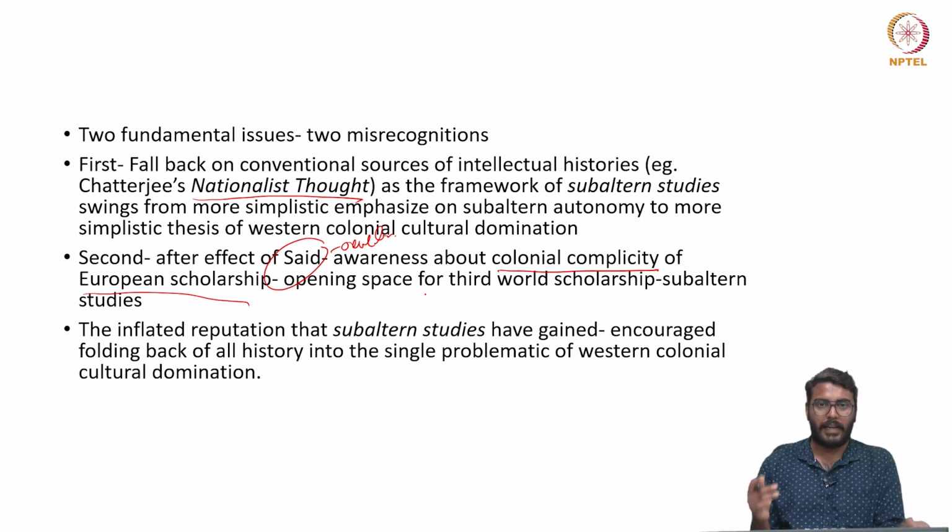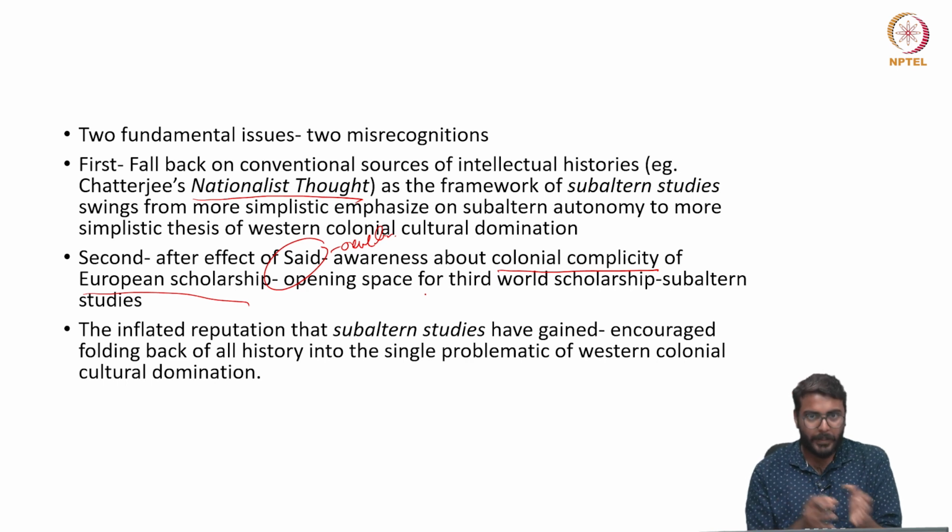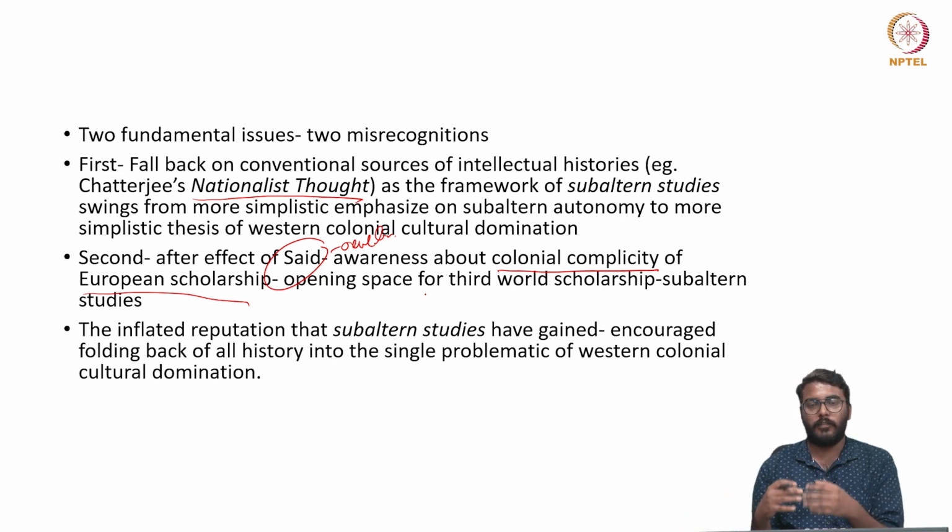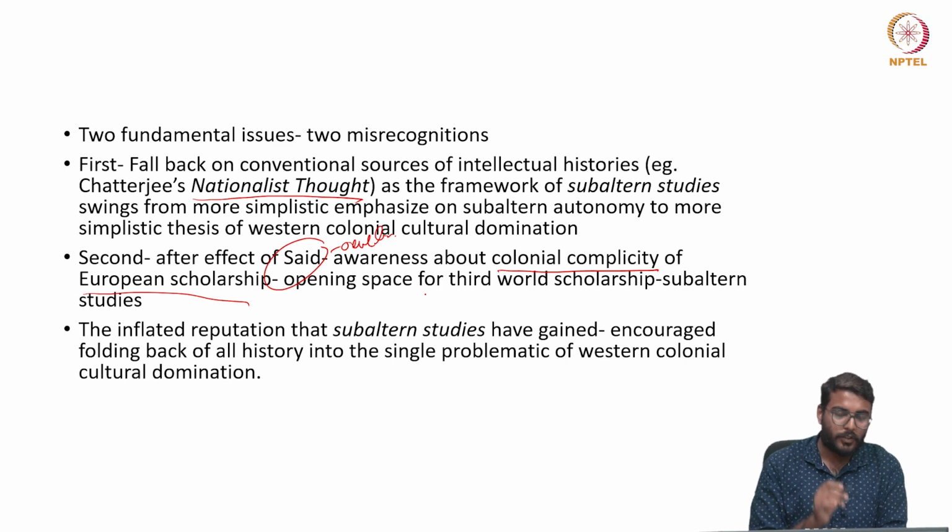collective in the 1980s and introduced a post-structuralist turn within subaltern studies, right? The Foucauldian ideas of power became the central tenets, replacing the Gramscian idea of subaltern autonomy. So this is a result of Western academia's reflexivity on their own colonial complexity. So that created an inflated reputation.